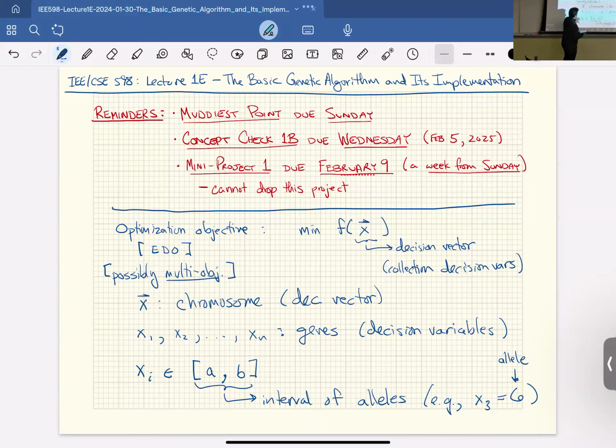And so just like the collection of genes is a chromosome, the collection of alleles is a genotype. So a particular instance of the decision vector is a genotype.